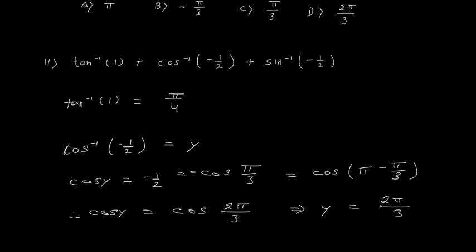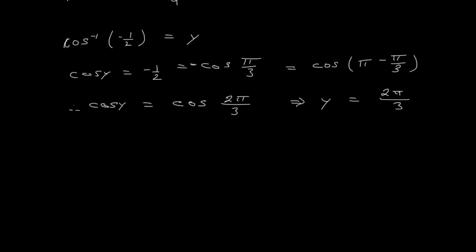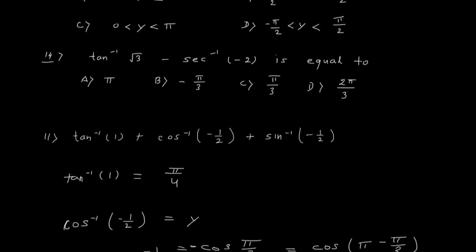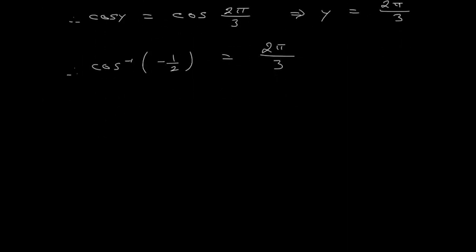So this gives me the value of y as 2 pi by 3. Therefore cos inverse minus half is 2 pi by 3. Now third, we have to find the value of sin inverse minus half. We will take it as z.